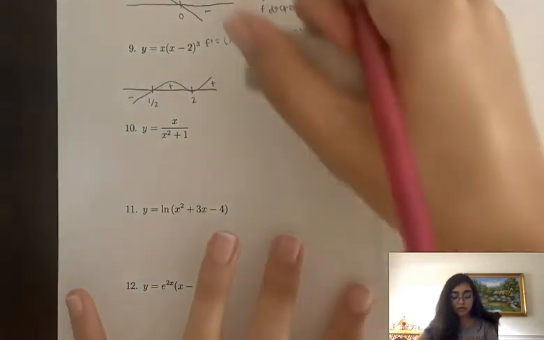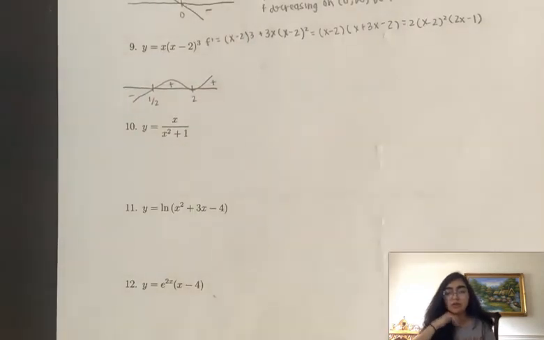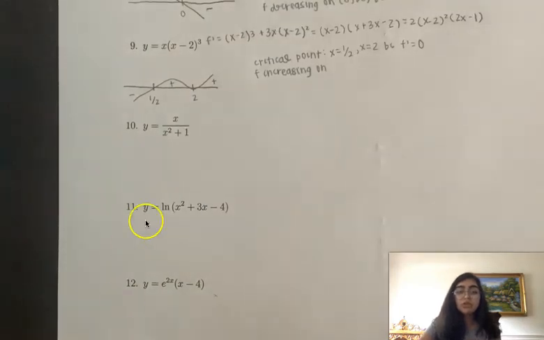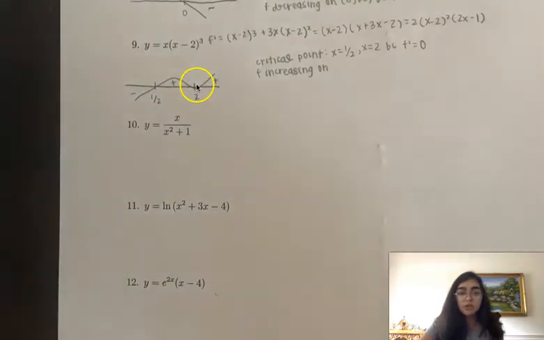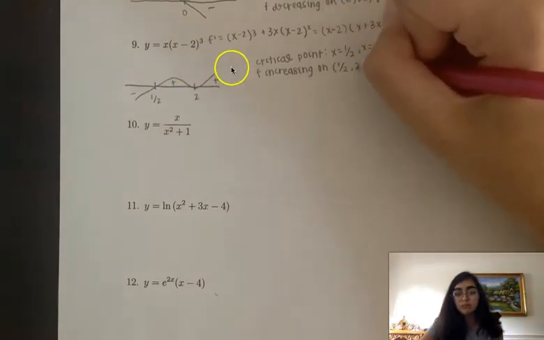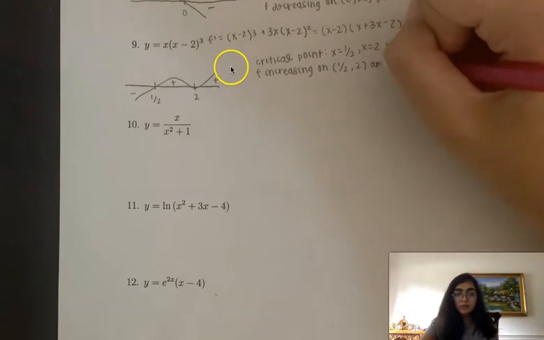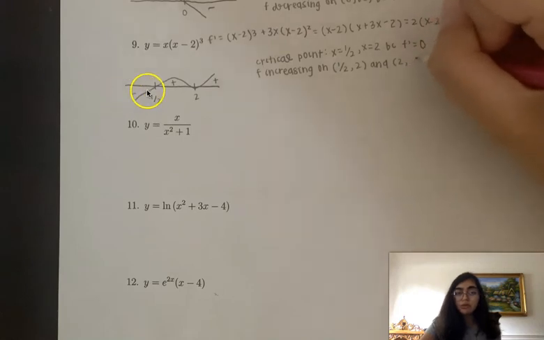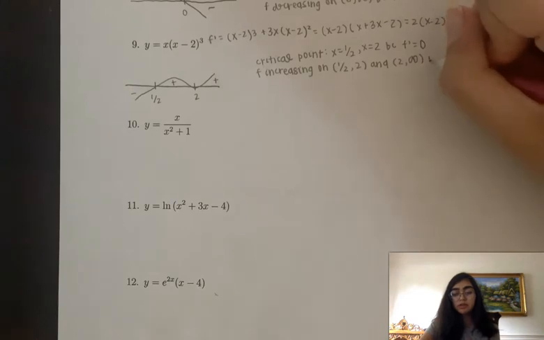Our critical points will be at x equals 1/2 and x equals 2, since that's where f prime equals 0. f is increasing where f prime is positive, in this case from 1/2 to 2, and 2 to positive infinity. f will be decreasing from negative infinity to 1/2, because that's where f prime is negative, based on our sign chart.